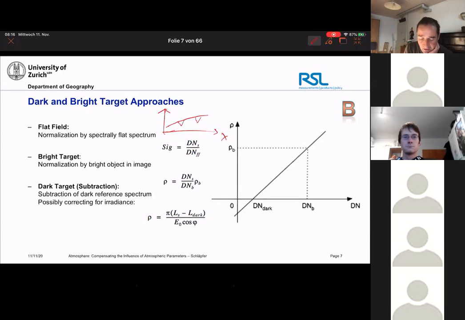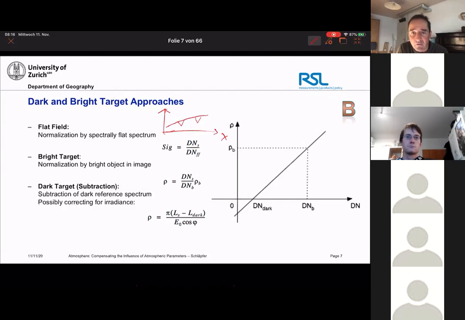We know certain targets have this specific shape I've been drawing here. So like sand or asphalt, these kind of targets should be spectrally flat. And if you manage to find such spectra from the wavelengths which are not affected by the atmosphere, then you can assume that in between there should be straight lines. And all the difference to the straight line is an atmospheric effect.